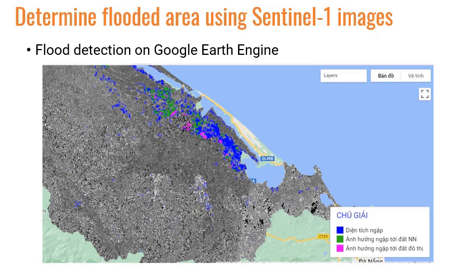Of course, we have to process something more, like to mask out the shadow or mask out the water like lake or river, so we can detect the flood area like this one.